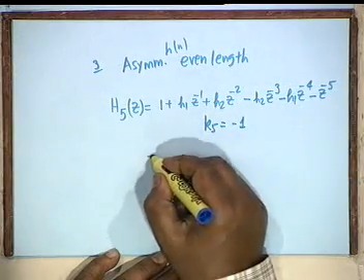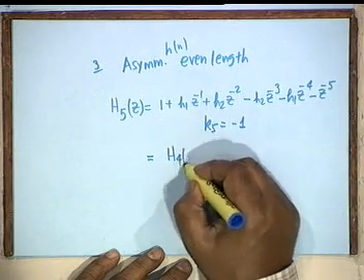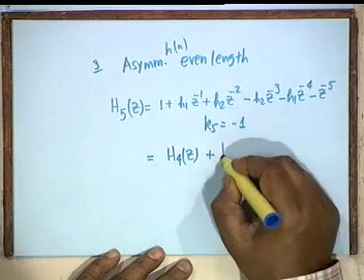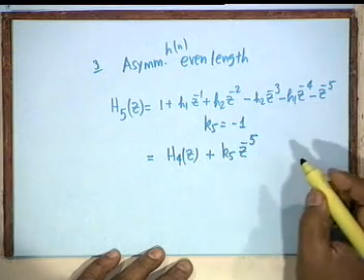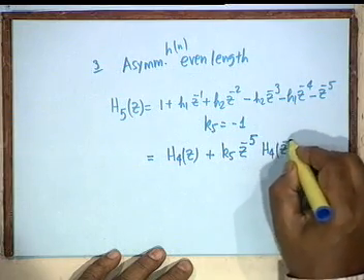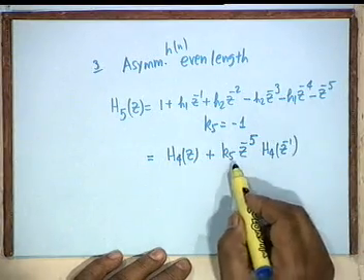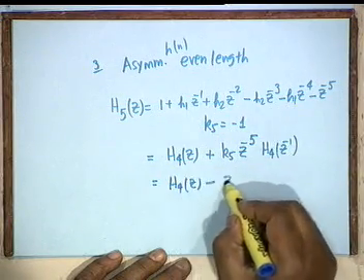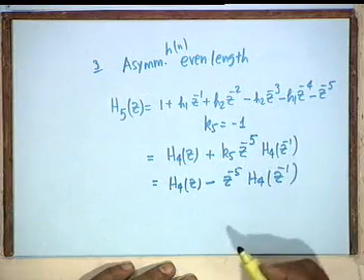And you notice that if I want to write this as h4(z) plus K5 z to the minus 5, not 4, h4(z inverse), and since K5 is minus 1, I want to write this as h4(z) minus z to the minus 5 h4(z inverse).